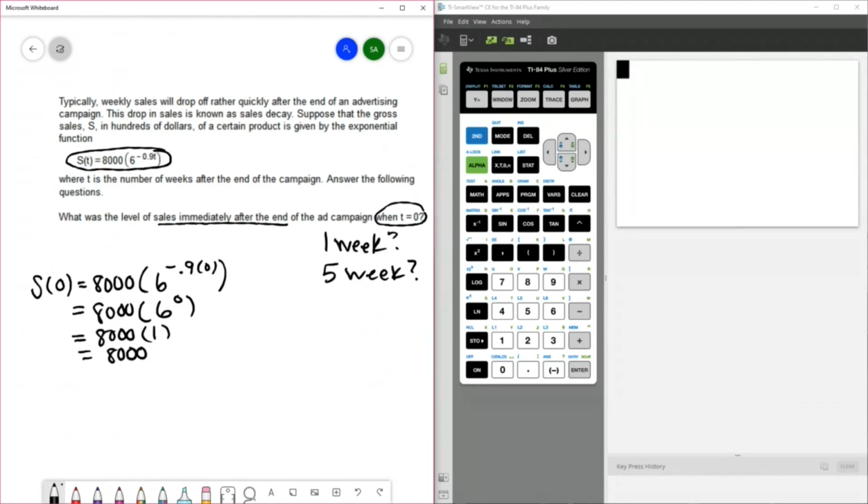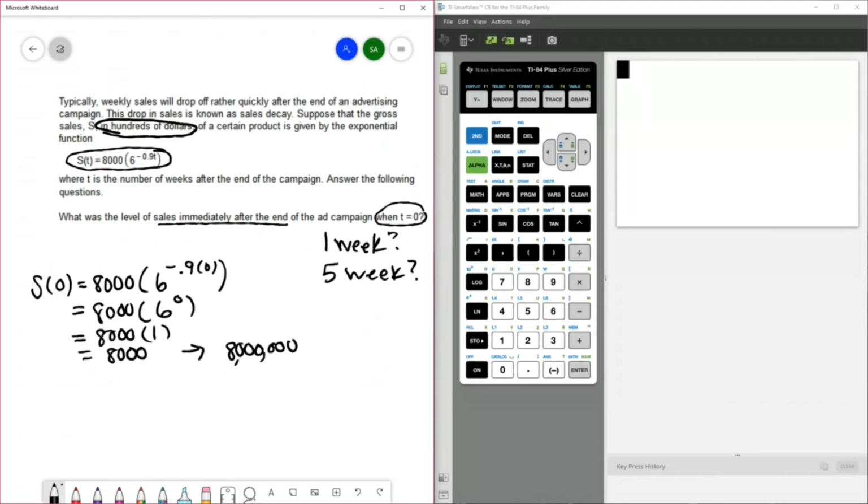So the sales are 8,000, and remember, our sales are in hundreds of dollars, so it's actually an additional 3 zeros on there, so we have sales of 8 million at the end of the advertising campaign.